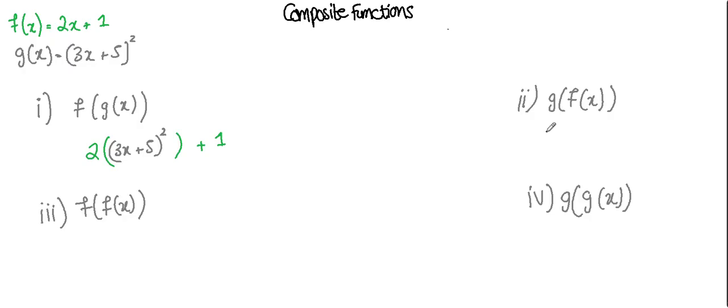Yes, what do we have? Okay, 3x plus 5. Don't forget the whole squared. And within it, we will have the f function, 2x plus 1. Right? No, don't evaluate it right now, just leave it.